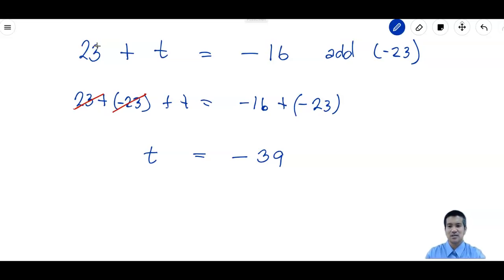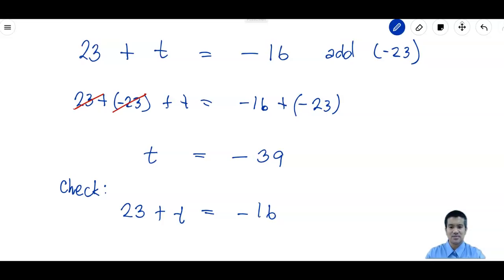So how will we know that our answer, the value of t, is correct? Let's check. You have to check using the original equation. The original equation is 23 plus t equals negative 16. We let the value of t be equal to -39.